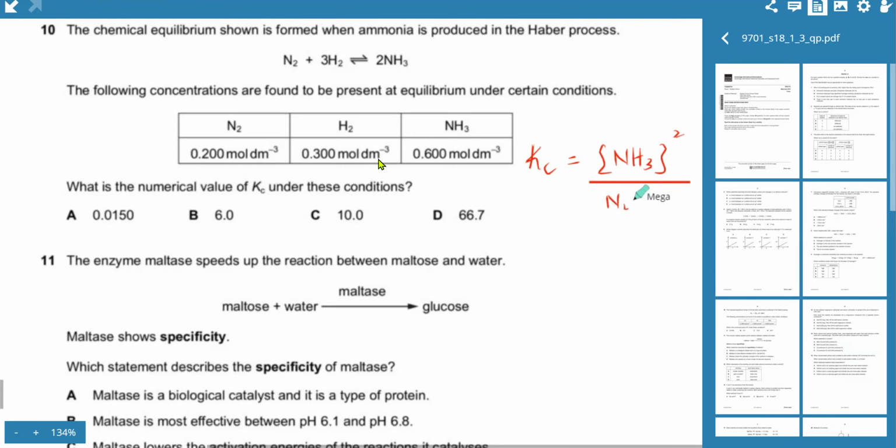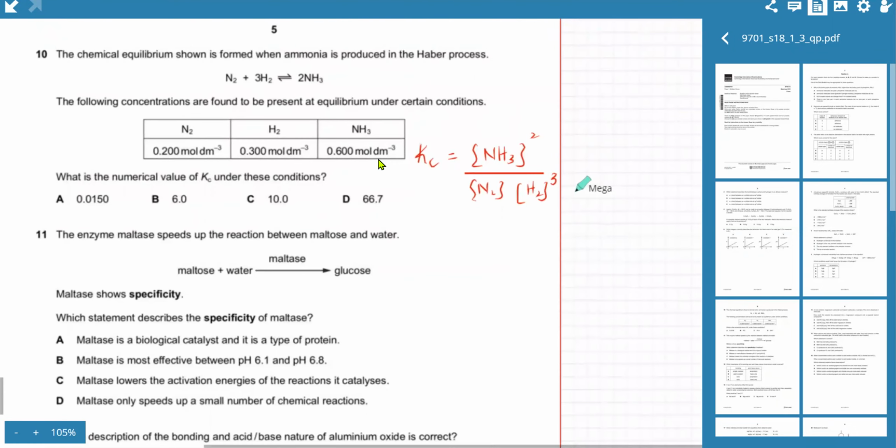So it's going to be N2 concentration into H2 concentration, which is going to be cubed. So put in the values and find. NH3 is 0.6, so that's 0.6 squared. N2 is 0.2. And H2 is 0.3, and that is cubed. So can anyone tell me what the value is? It's 66.67.